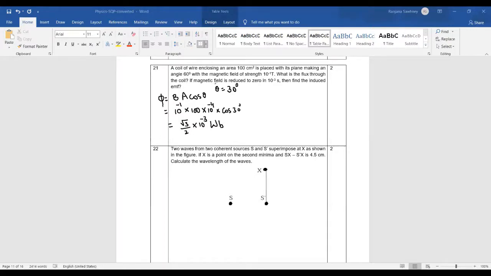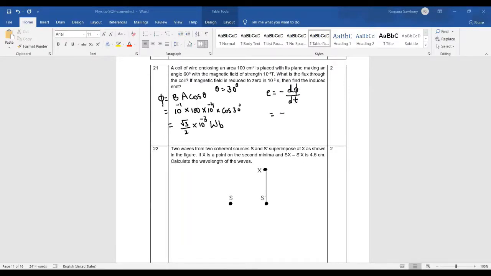Also, you have to find out, if the magnetic field is reduced to 0 in 10 raised to the power minus 3 seconds, then find the induced EMF. According to Faraday's law, we know that induced EMF is equal to minus d phi upon dt, where d phi is the change in magnetic flux in the change in time dt.